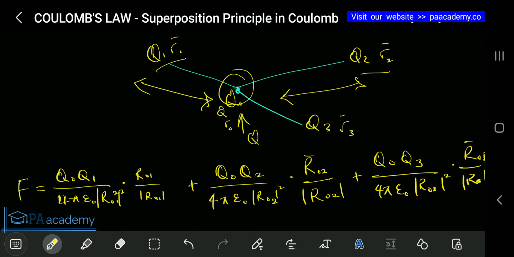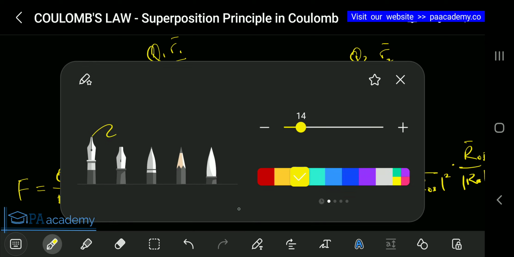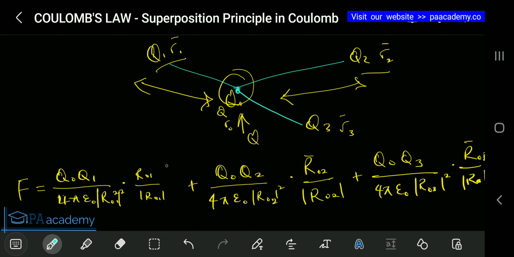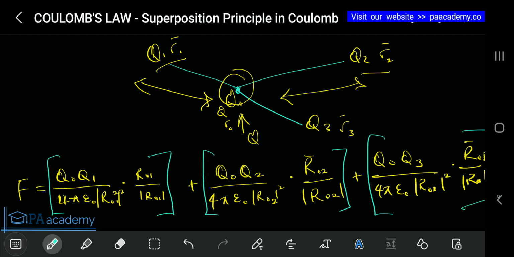Alright, so you will continue in that manner. Let me put this in parentheses so that you can really see the difference there. So you continue till the number of charges. For example, in this one we have just 3 charges acting on this Q naught. Exactly. So you continue in that manner.